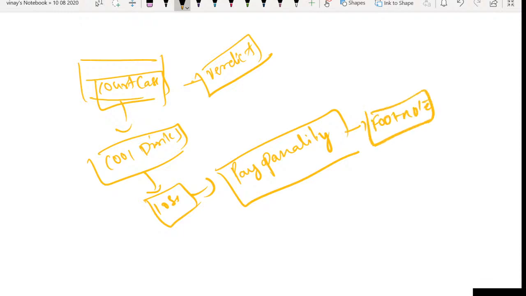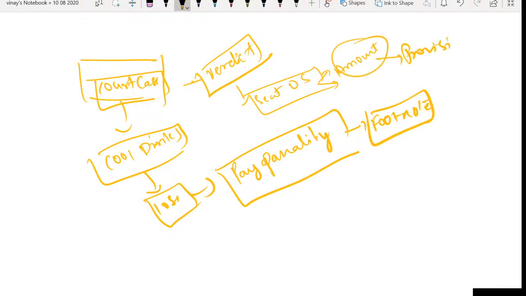Then the court verdict came out. Okay, the court said, you guys sit and talk, this will happen in USA, and decide what the penalty will be. So now I know there will be a liability. I know there is some loss I'm going to incur, but I don't know the amount. At that time I will create a provision.